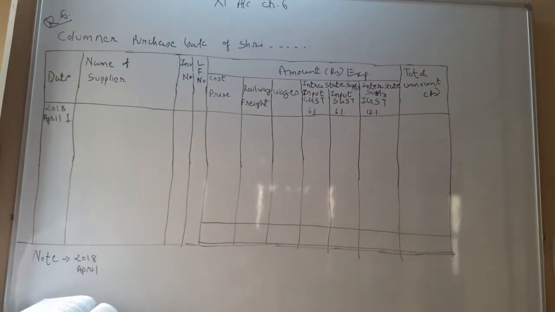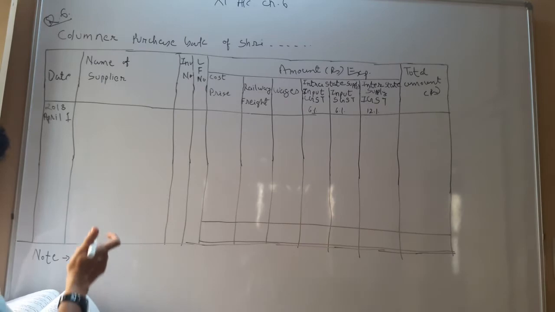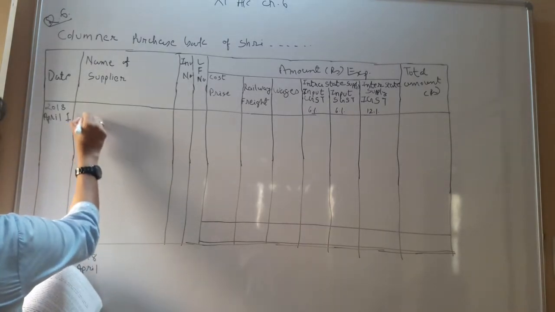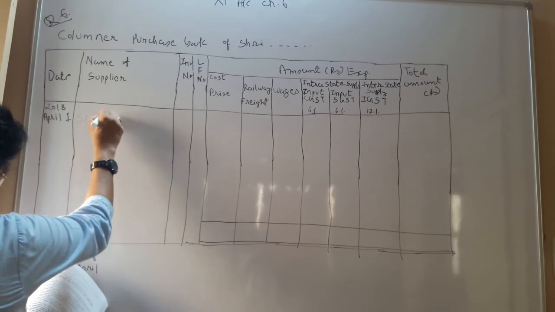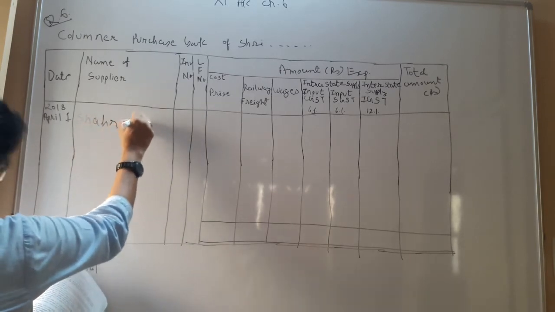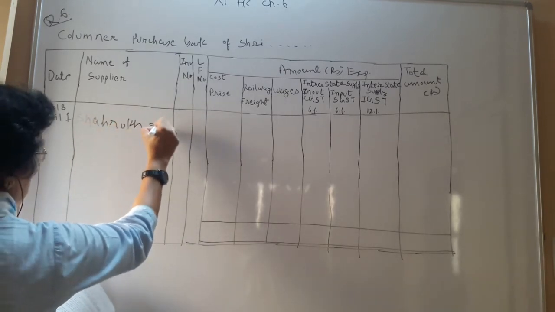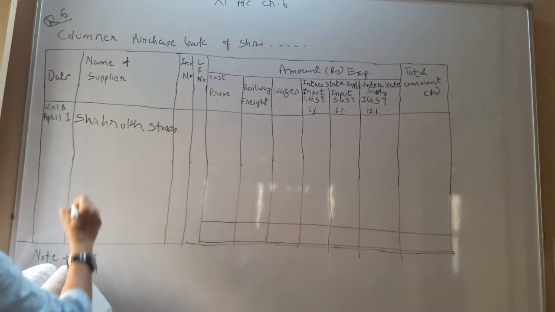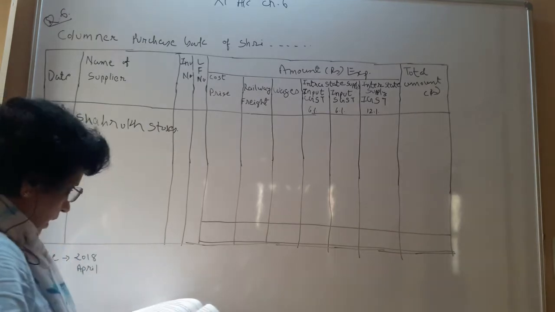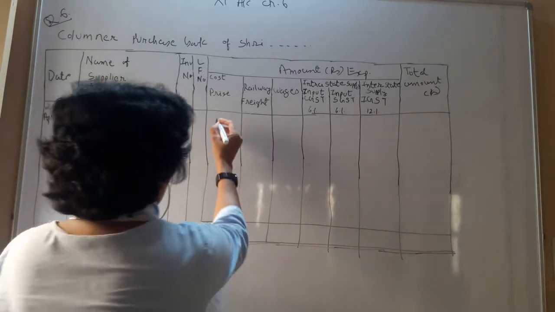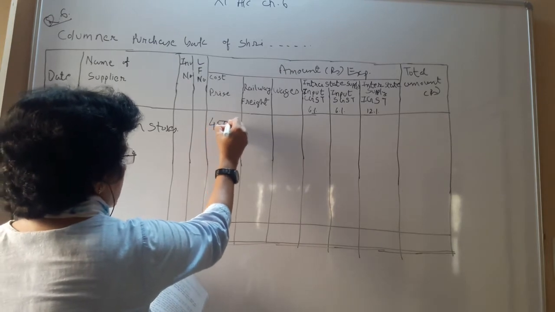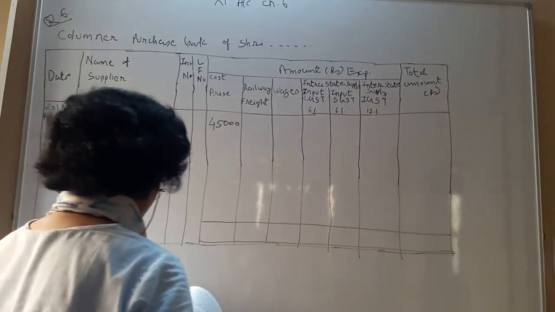2018 April 1st, that is the name of party Shahrukh Stores. The amount is, after deducting discount, 50,000 minus 5,000, it becomes 45,000.